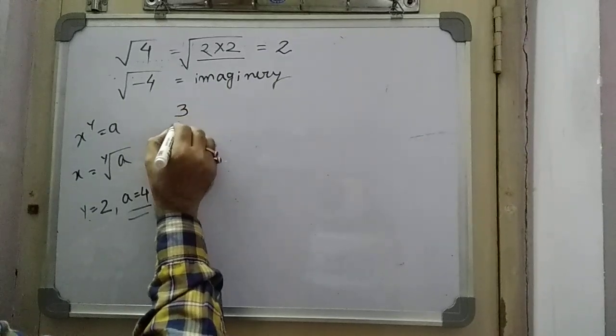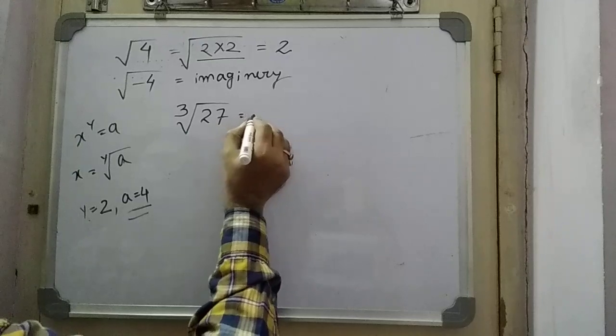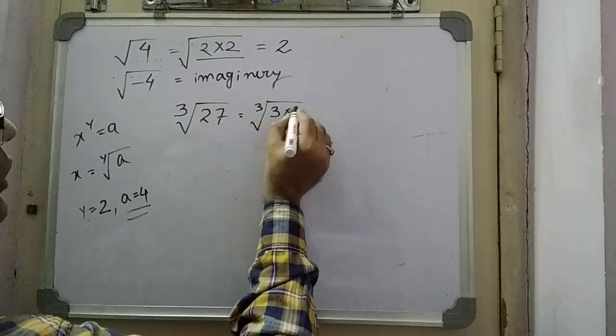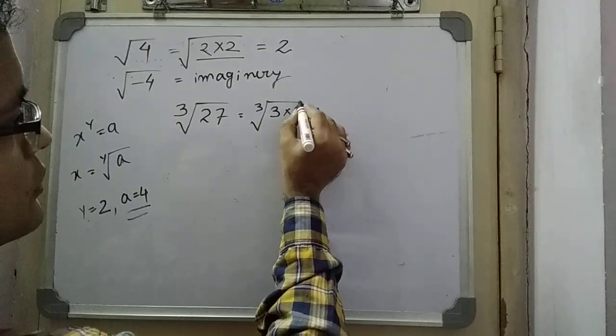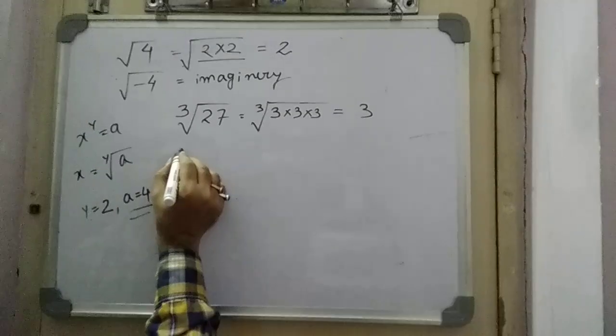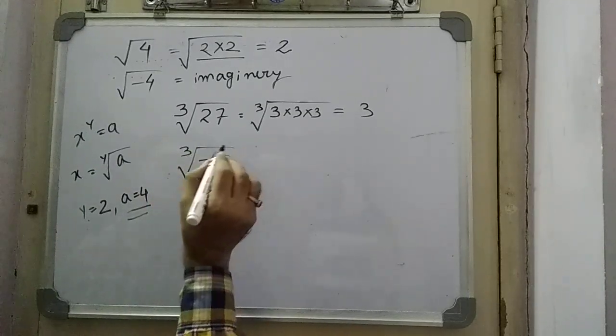But what if it is a cube root? I have taken a simple number for which the calculation is easier: cube root of 27 equals 3. But what is it for minus 27?